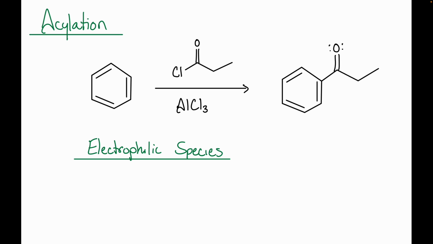In this case, what that aluminum chloride is doing is the same thing we saw in our previous reaction. It's going to remove that chlorine and leave you with a carbocation, but now our carbocation is specifically our carbonyl carbon.